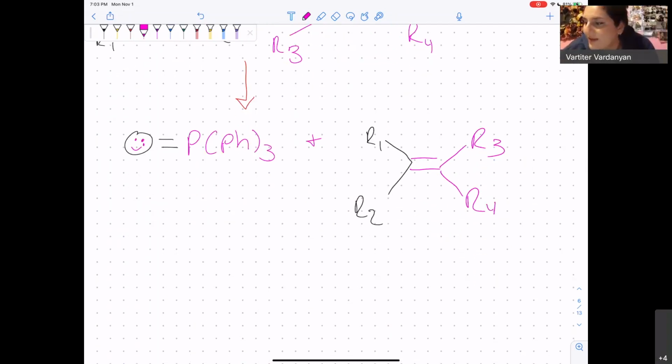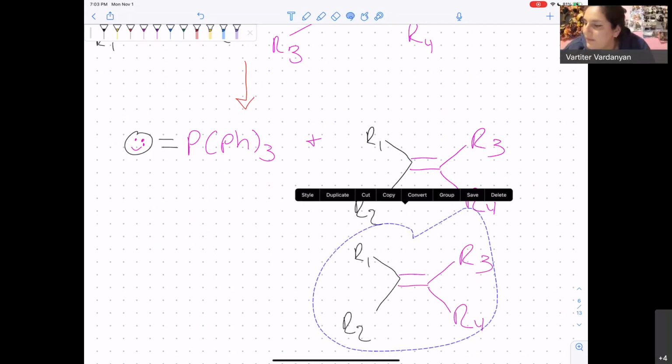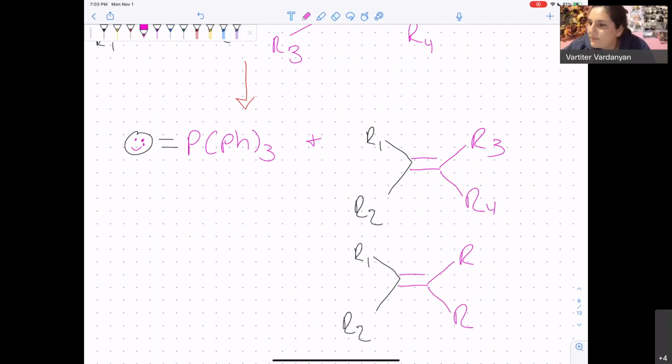So we could get something like this. I was too lazy to redraw it. And those two are stereoisomers of one another, and both of those can exist, right?